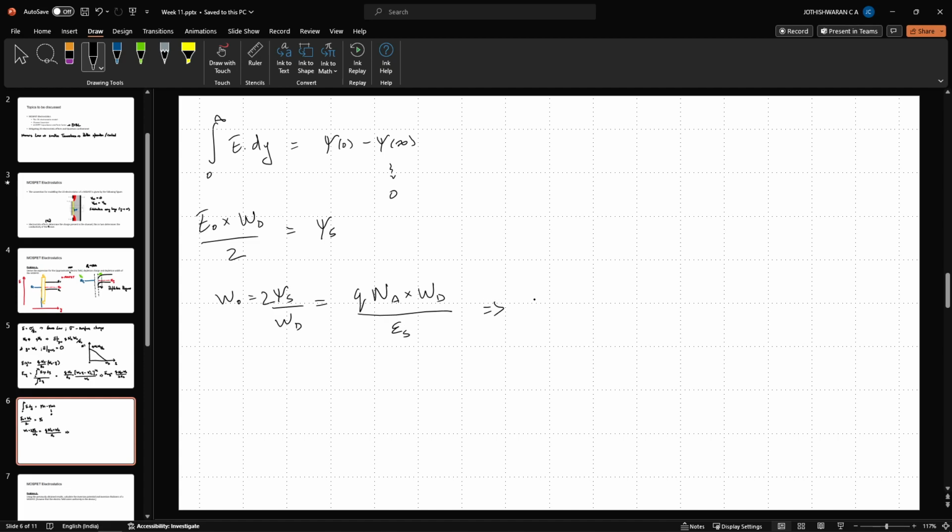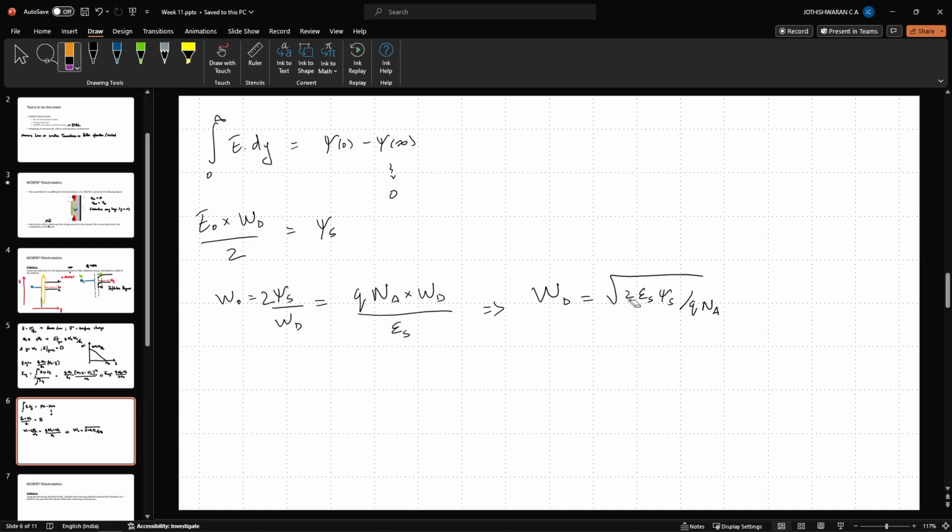So this will imply WD is equal to square root of 2 epsilon s psi s divided by Q times Na.